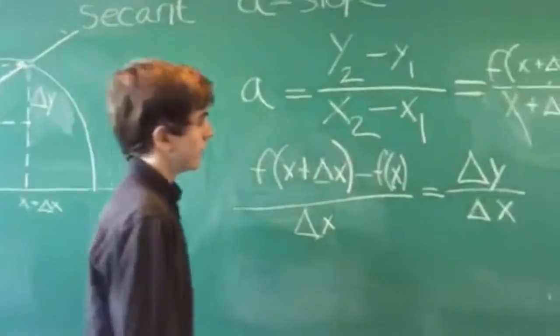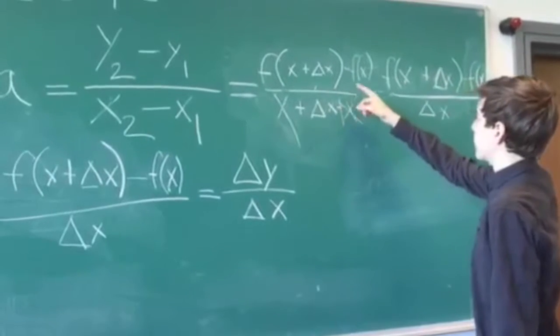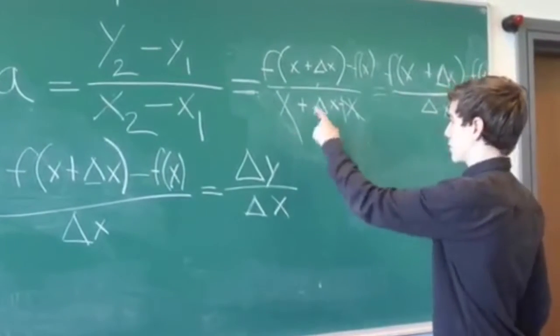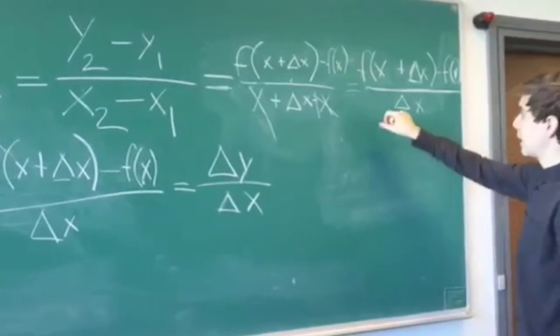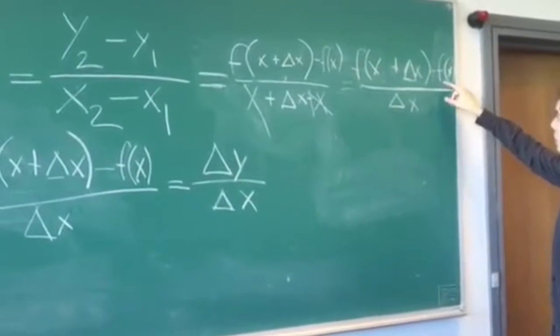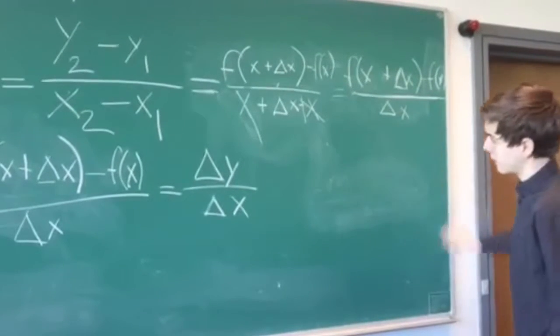And then that is the same as f(x plus delta x) subtracted by f(x) divided by x plus delta x minus x. It's the same as f(x plus delta x) subtracted by f(x) divided by delta x.